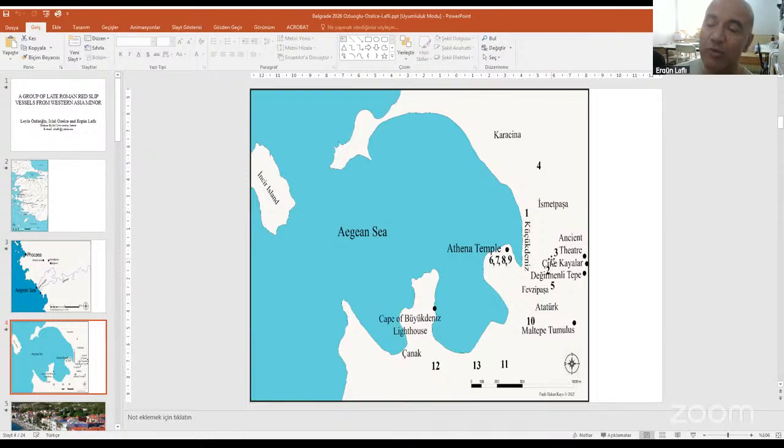So they reused this place. We also have other places here, like the ancient theater, which was reused as a pottery dump. Then we have tumuli in the region, which were also reused as a pottery dump.